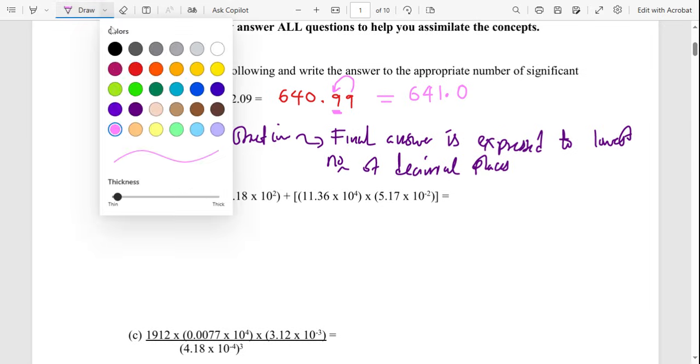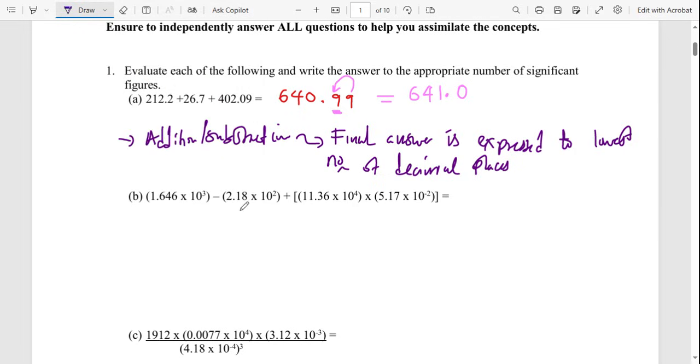The next one, we want to also find this one. You can see what we have: 1.646 times 10 to the power 3.